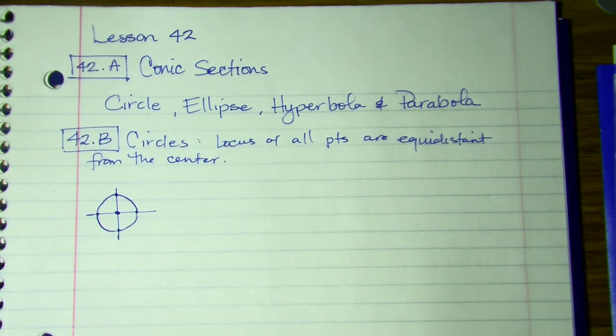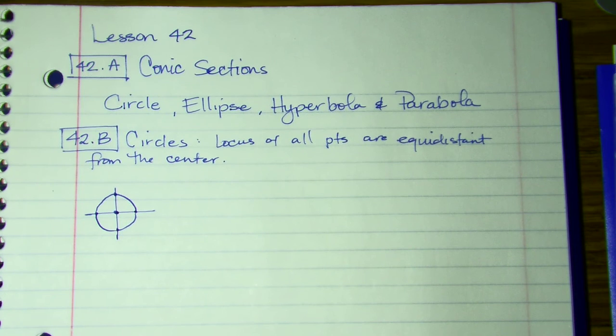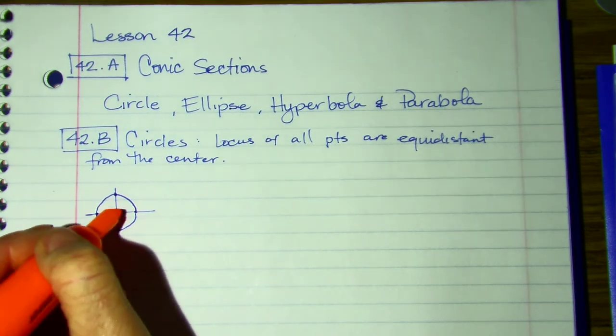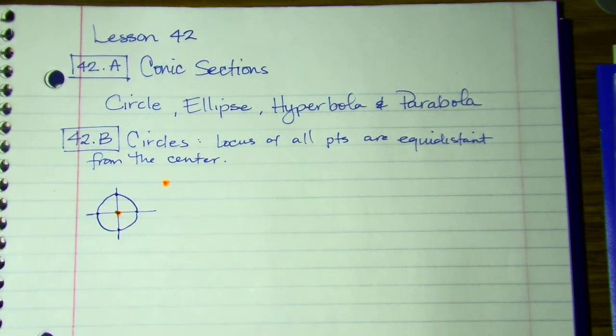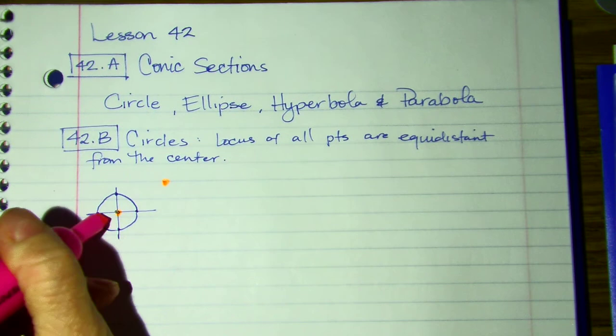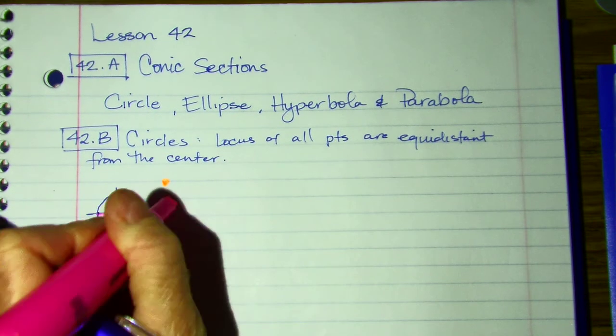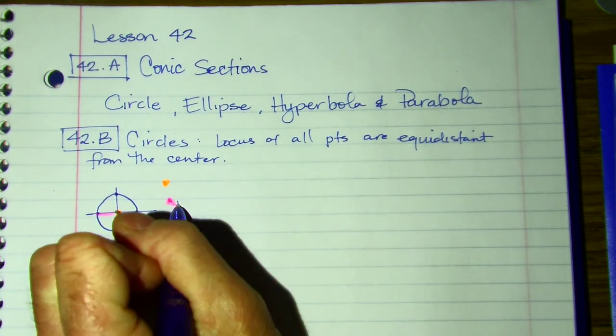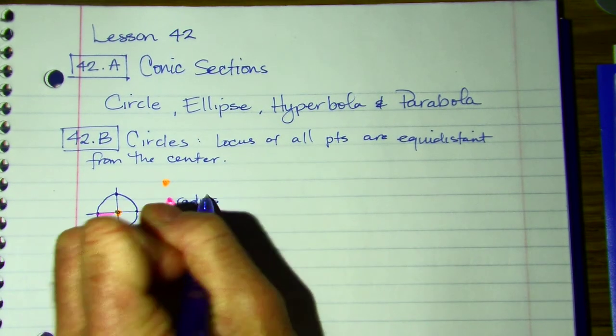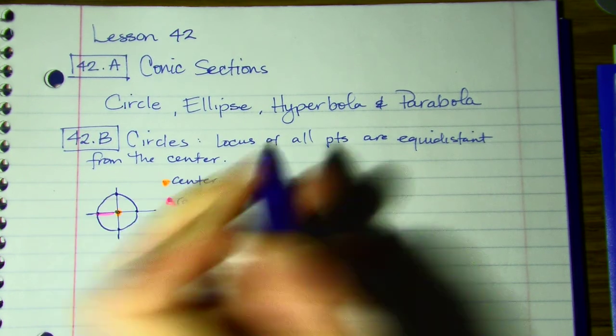Now that's kind of a sloppy one, but each point should be equidistant. So you have two parts, right? You have the part in the middle is my center, and then any measurement from here to the center is my radius. And it should be the same all the way around.